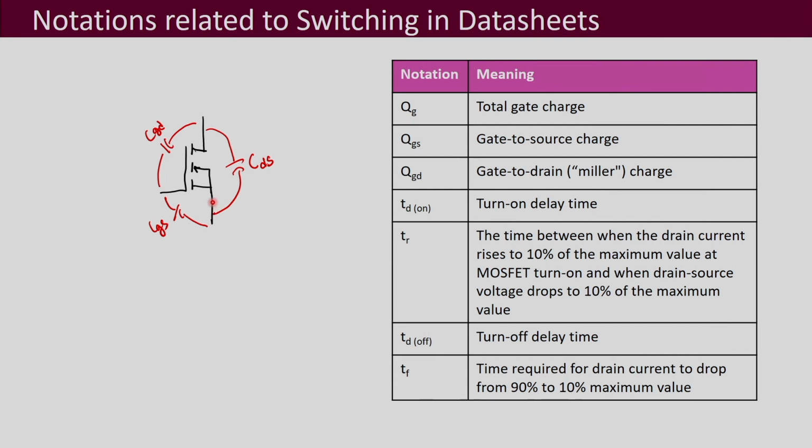So, here I just wanted to tell you what is the nature of the turn on and turn off waveforms. As these capacitances are charged and discharged, of course there will be a charge associated with it, and so those are given in the data sheets: your total gate charge, then gate to source charge which is associated with the capacitance CGS, and then gate to drain charge which is the Miller charge, and that is your CGD.